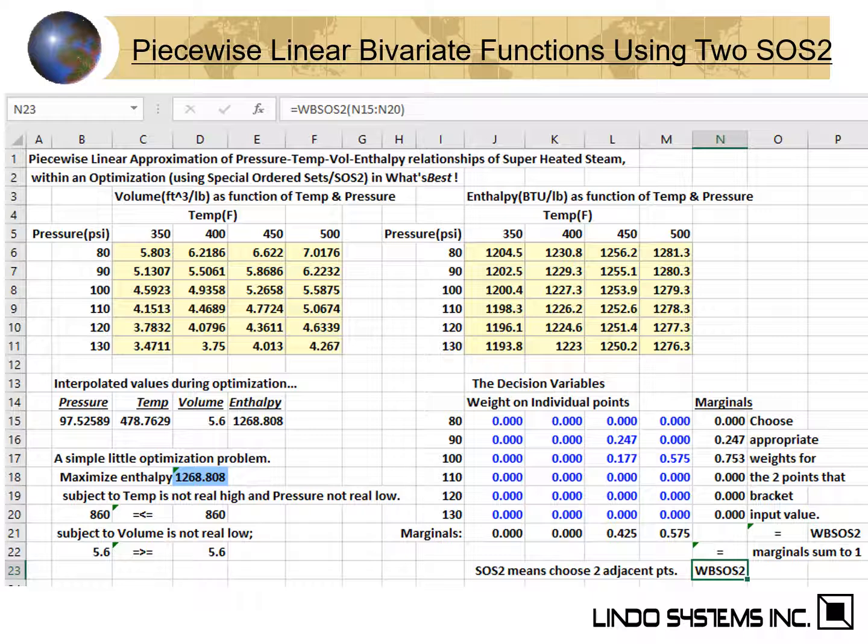So I won't go over the nitty-gritty details here, but these spreadsheets are available publicly on the LINDO website in the library. If you go to the models library and you just do a word search on things like steam tables, you'll find models there, and it's simply a matter of plugging in your own situation.